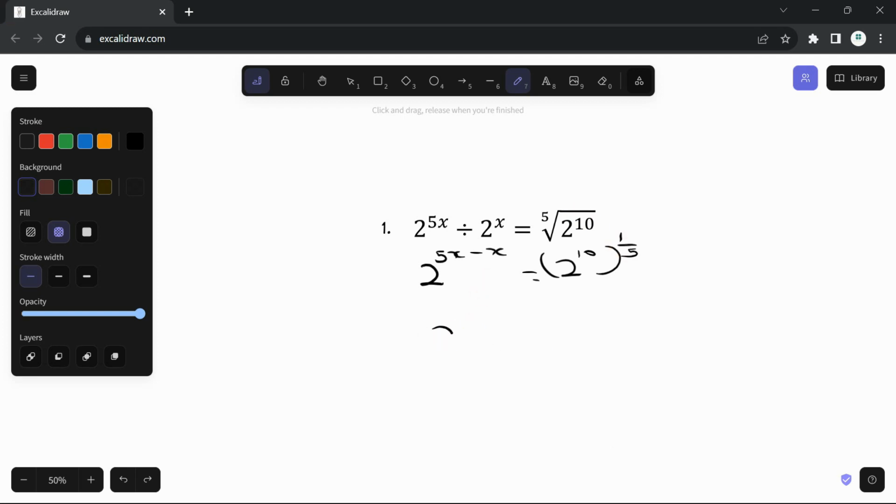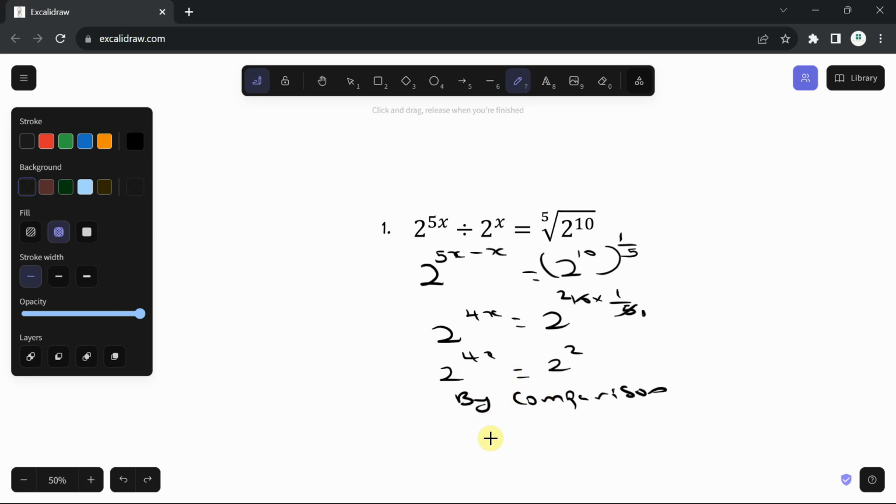So it's like saying 2 raised to the power of 5x minus x, that is 4x, is equal to 2 raised to the power of, I'll multiply the powers, so that will be 10 times 1 over 5. 5 here 1, 5 here 2. So 2 raised to the power of 4x is equal to 2 raised to the power of 2. And we know that by comparison, we can compare the powers since they have the same base and they are equal.